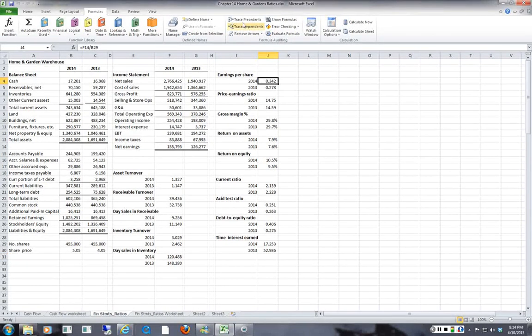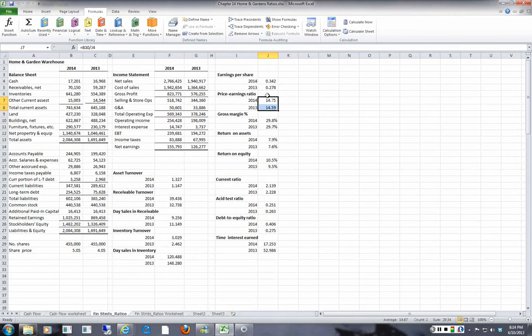Now, earnings per share. Earnings per share, you take the earnings of 155,793 divided by 455,000 shares. And you can see this year in 2014 it's a little better than it was the preceding year.